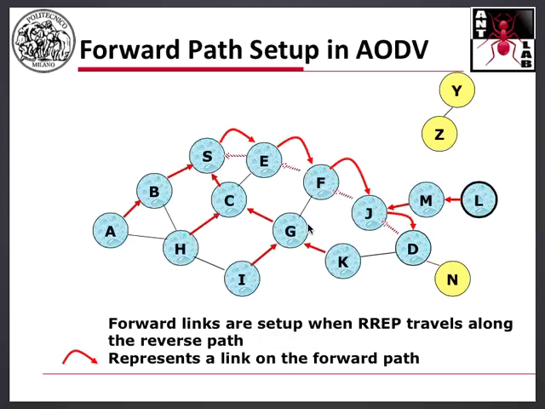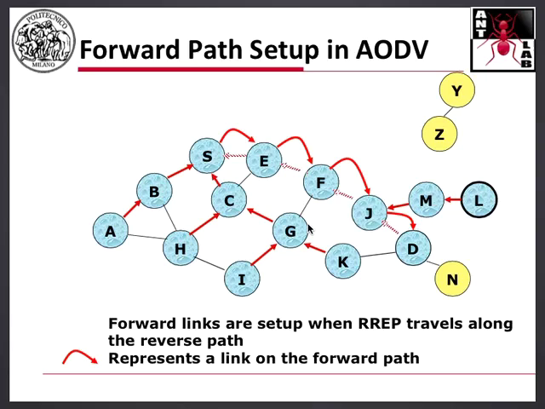So the route reply sent by D back to S follows the path J, F, E, and S. And once S gets this route reply, it can just use the forward path, so the backward path reversed, to reach the destination D. So the information can now be routed from S to E to F to J and then to D.